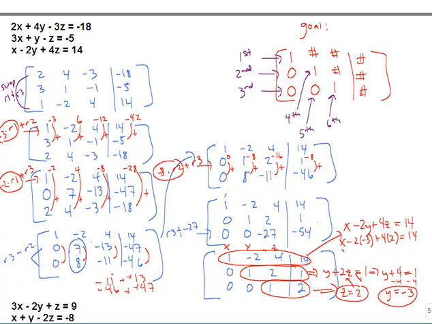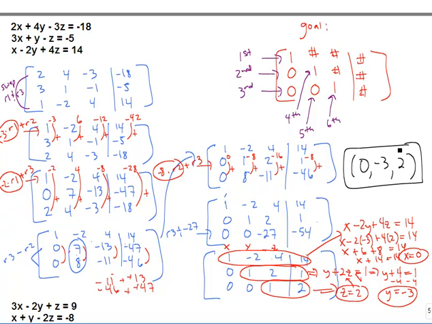So we get x plus 6 plus 8 equals 14. That's x plus 14 equals 14, and that implies that x must be 0. So our final solution is going to be 0 for x, negative 3 for y, and 2 for z.